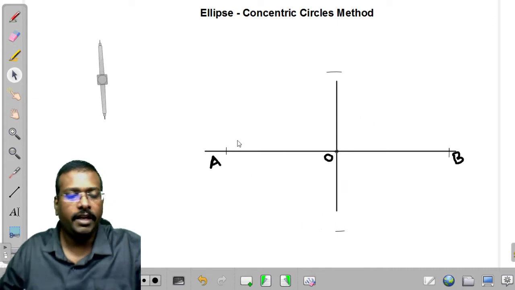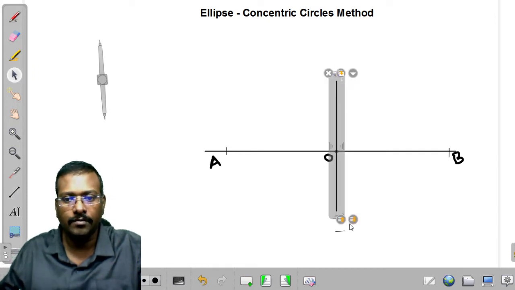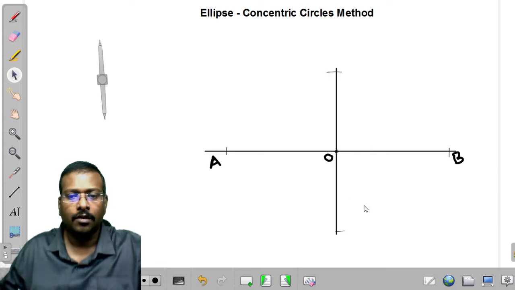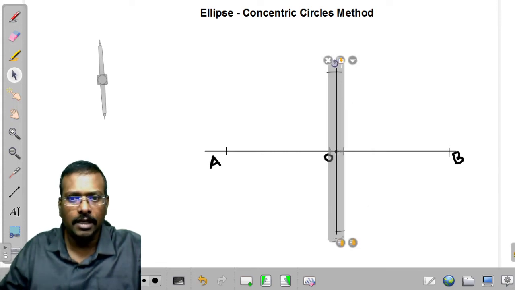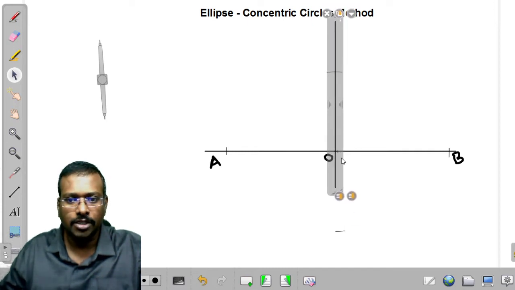Now after getting A, B, C, D, extend this line to the maximum extent it is required.